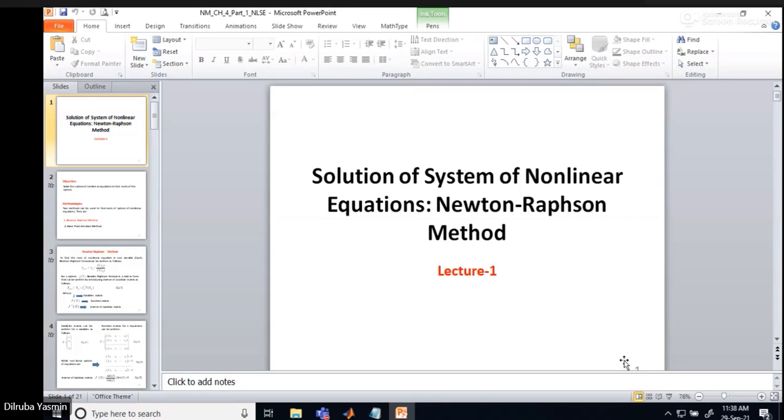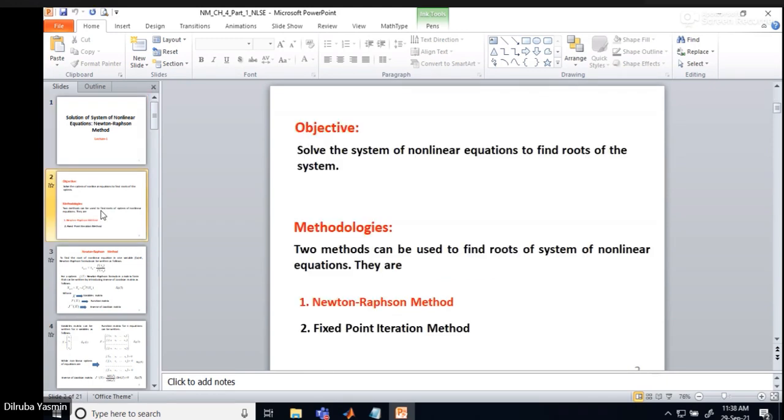Now I am going to discuss with you the system of nonlinear equations that have to be solved by using either the Newton-Raphson method or the fixed point iteration method. That means you can apply the Newton-Raphson method or the fixed point iteration method to solve a system of nonlinear equations.